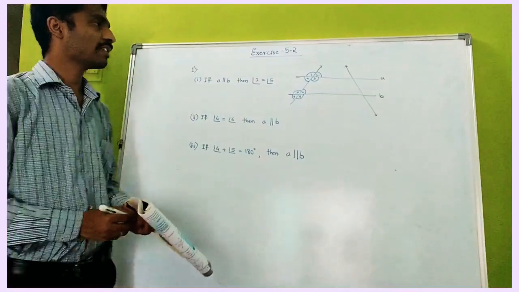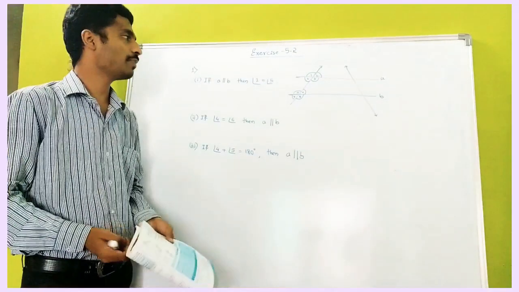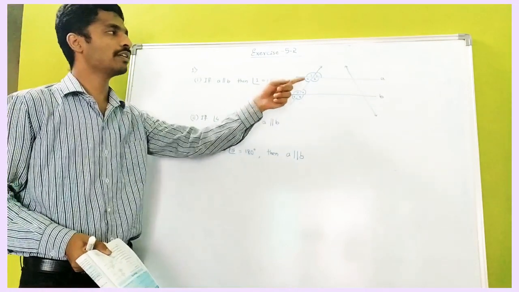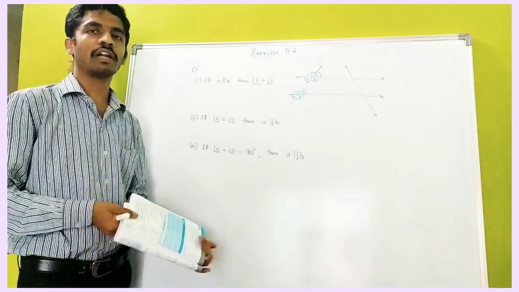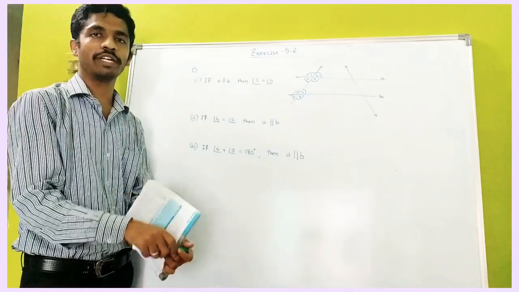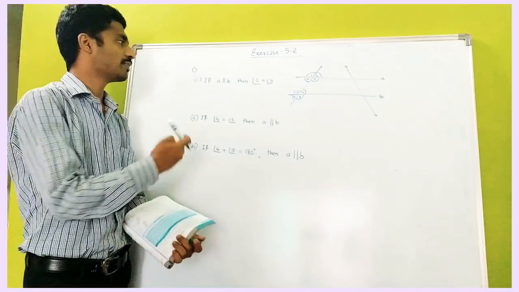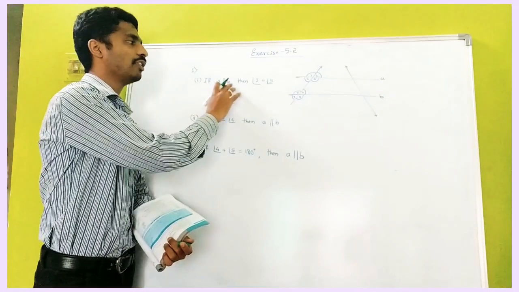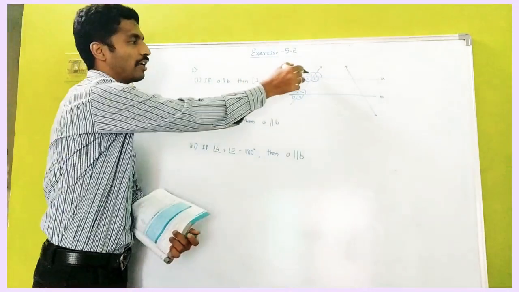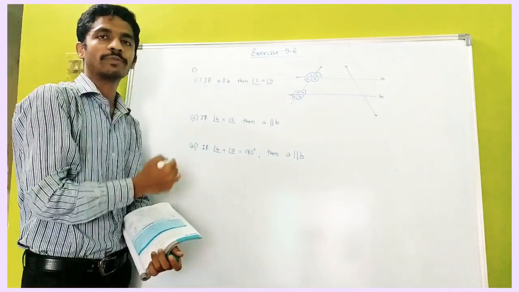So in exercise 5.2, in the first question they gave one diagram where A and B are two lines with one transversal along with the 8 angles. You have to write the property which gives us: if A parallel to B, then angle 1 equal to angle 5. See here, angles 1 and 5 are both corresponding angles.